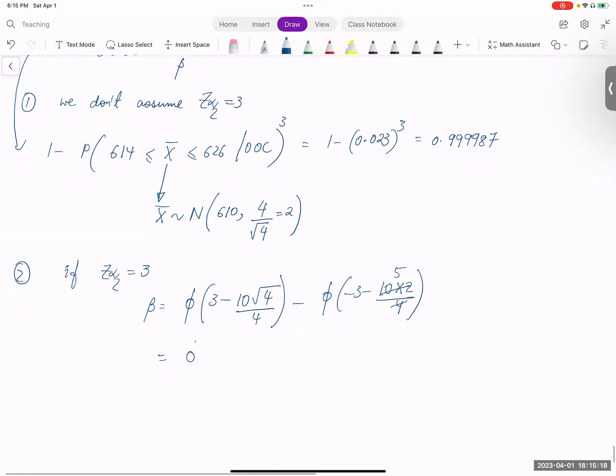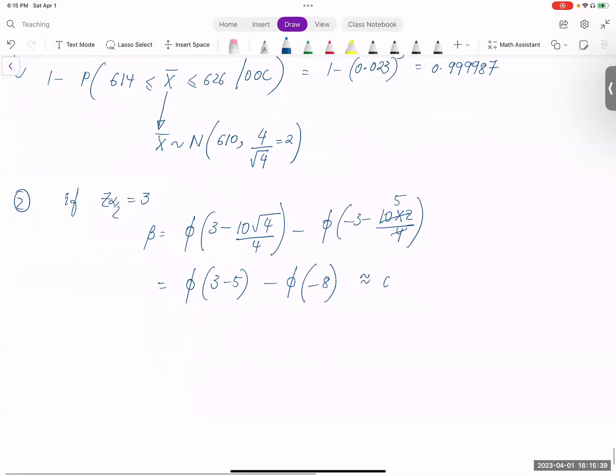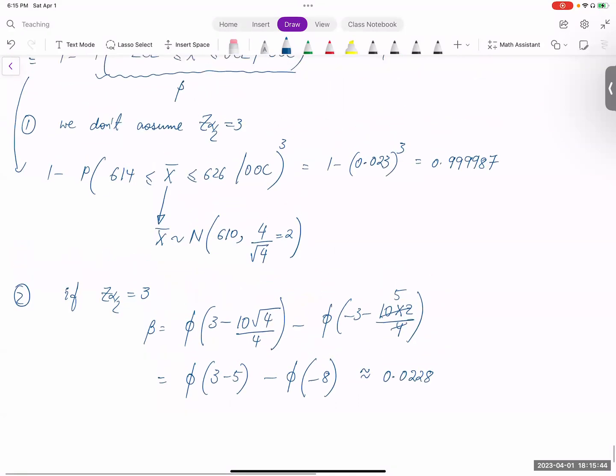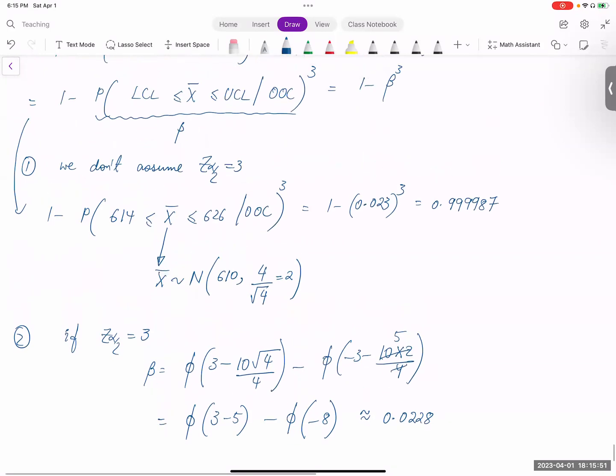So you have phi of 3 minus 5 minus phi of -8, and this is approximately equal to 0.0228, which is very similar to what we computed there, which is 0.023. Again, if you plug this in, you should be able to compute the desired probability.